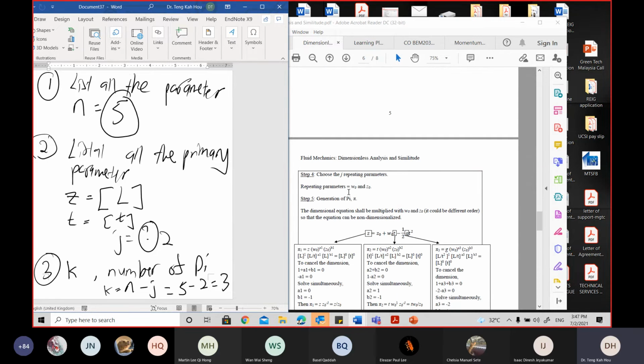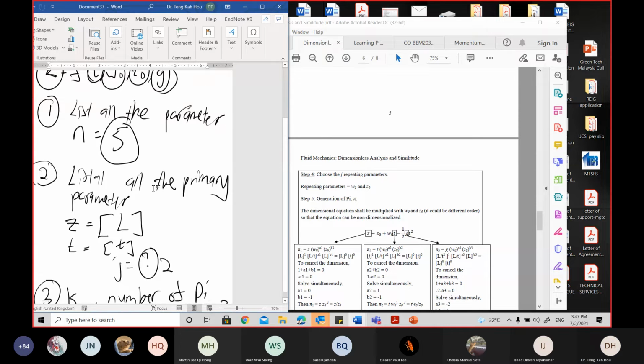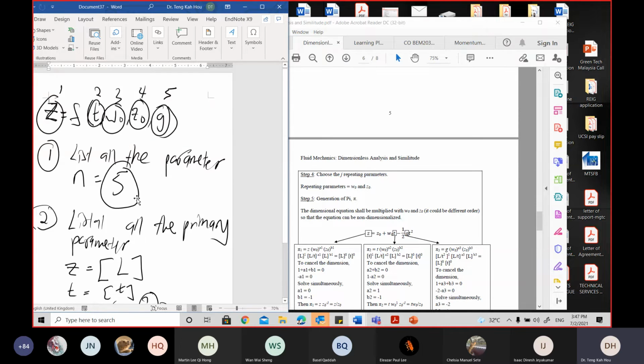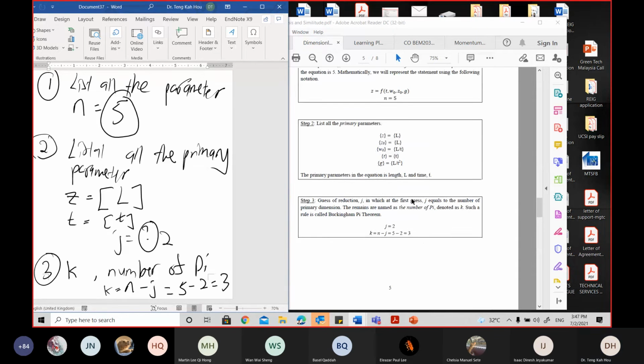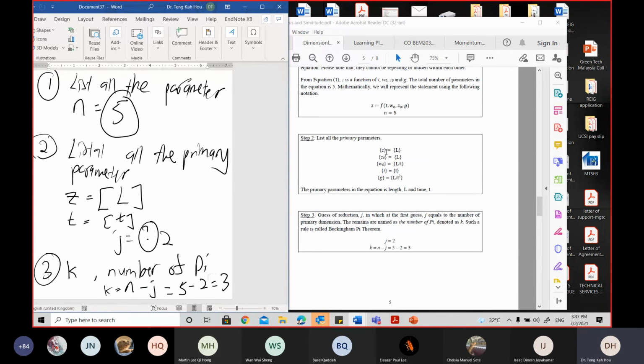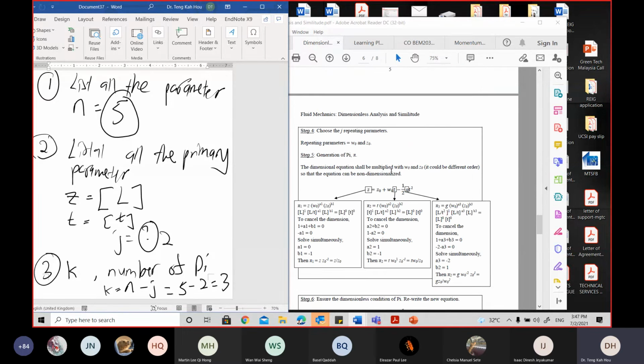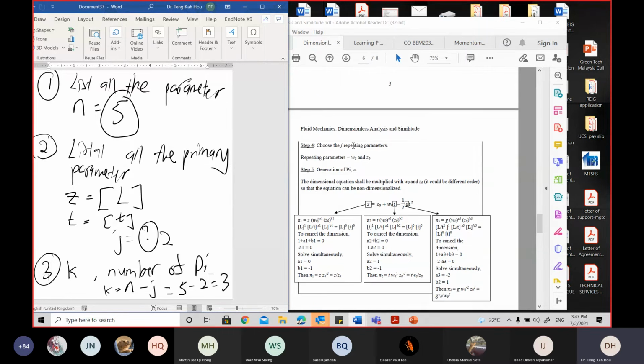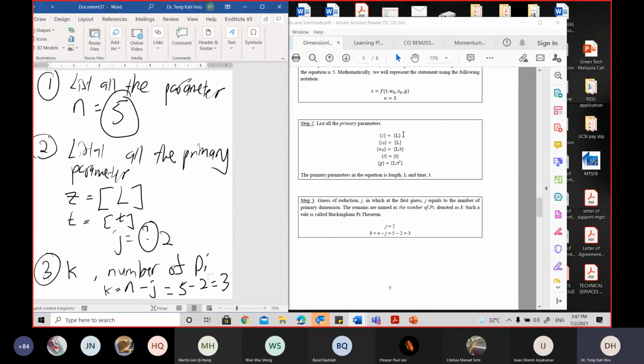Okay? So for the fourth step, we are going to choose repeating parameters. From here, you're going to choose 2 repeating parameters because your j is 2, am I right? So you need to choose any of these as repeating parameters.